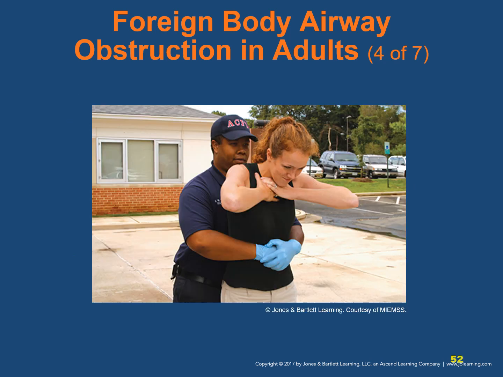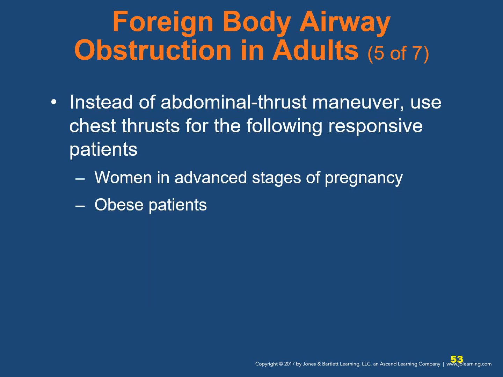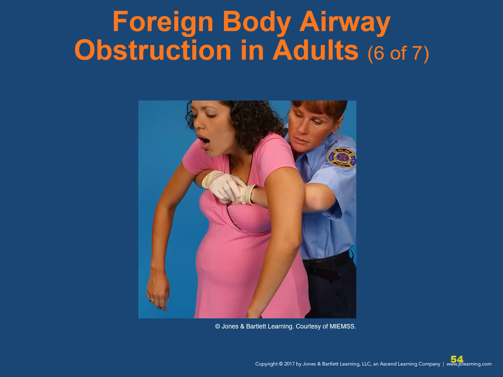The figure on this slide displays how to perform an abdominal thrust maneuver in a responsive adult. Instead of abdominal thrusts, use chest thrusts for the following responsive patients: women in advanced stages of pregnancy and obese patients. The figure on this slide displays how to perform chest thrusts in a responsive adult.